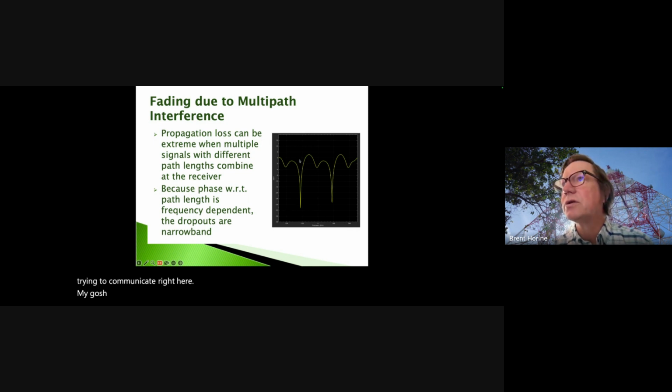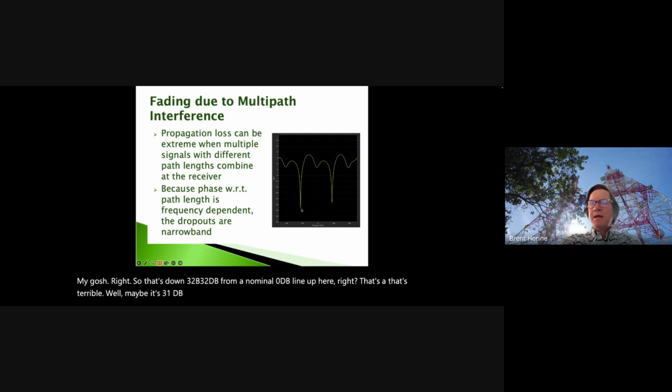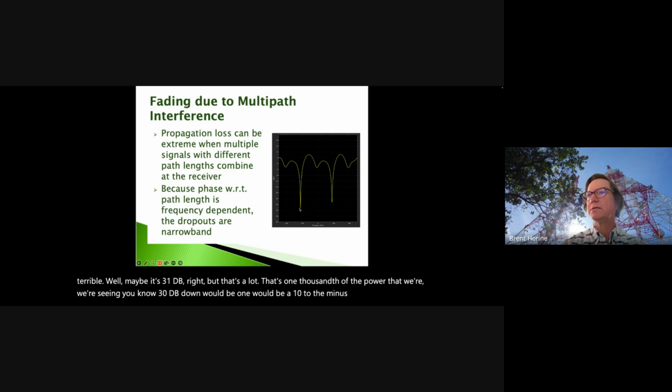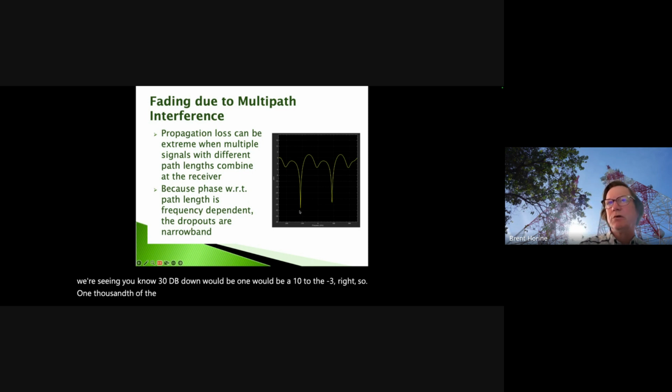That's down 32 dB from a nominal 0 dB line up here, right? That's terrible. Well, maybe it's 31 dB, right? But that's a lot. That's 1/1000th of the power that we're seeing. 30 dB down would be a 10 to the -3, right? So 1/1000th of the power energy that we're receiving there.